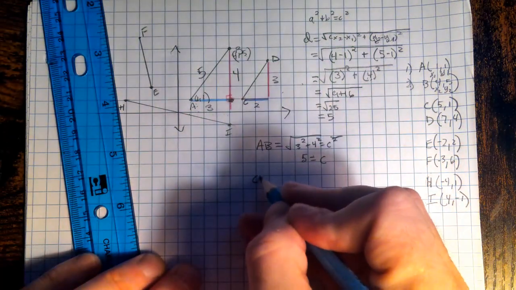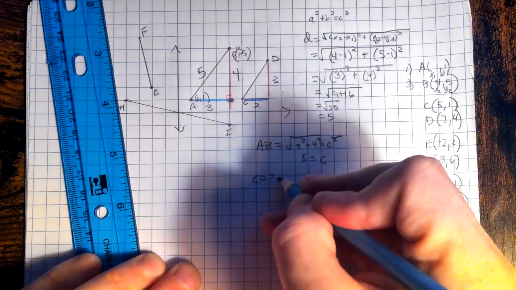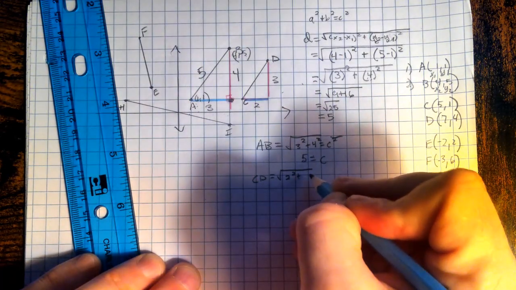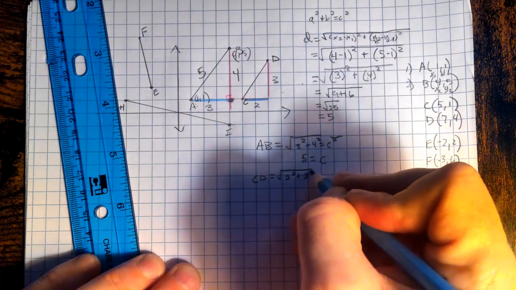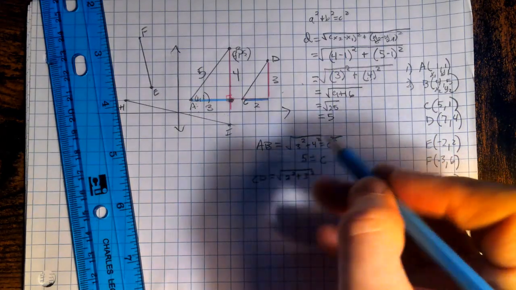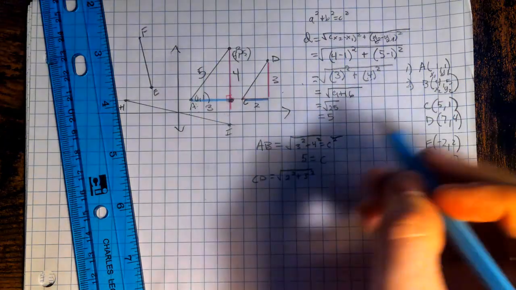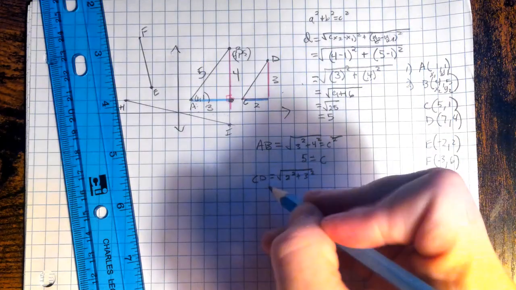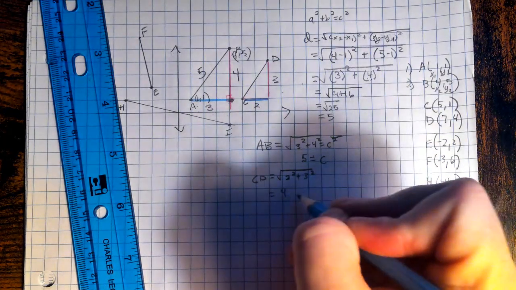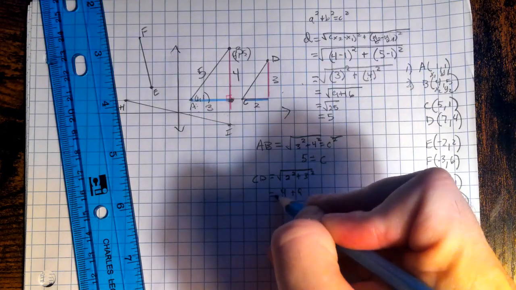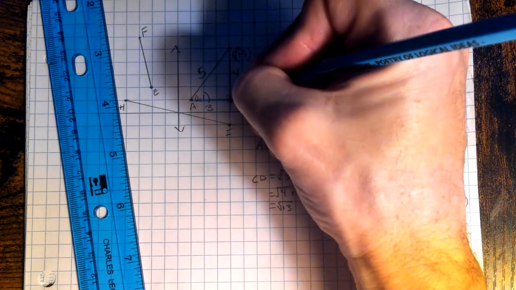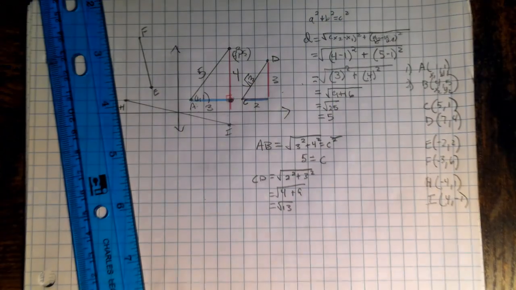For segment CD, I know that it's going to be the square root of 2 squared plus 3 squared, just like the other one was 3 squared plus 4 squared. Well, what is 2 squared? It's 4, plus 9, so the square root of 13. So this length here is just the square root of 13.